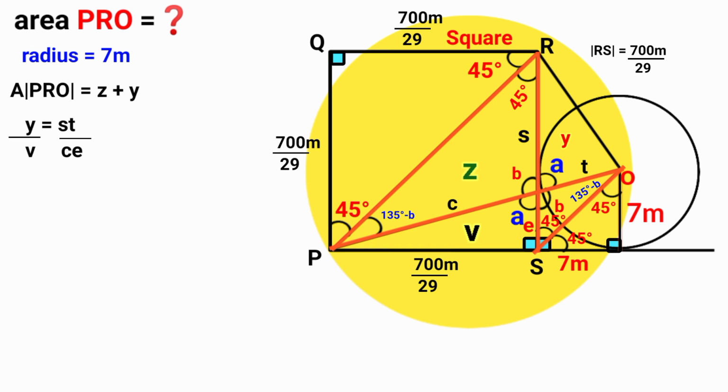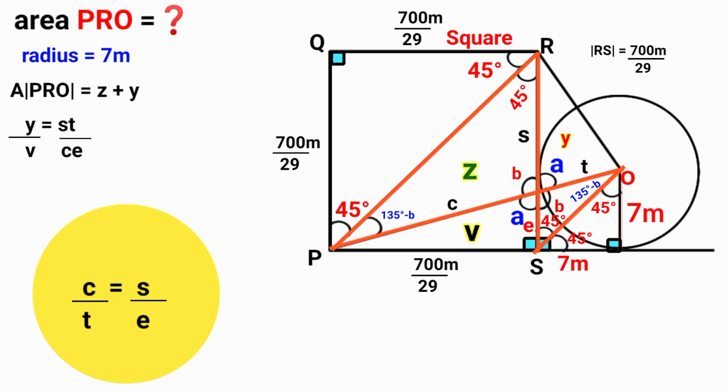So taking the ratio of their sides, this side facing angle 45 degrees divided by this side also facing angle 45 degrees will be equal to this side facing angle 135 degrees minus B divided by the length of this side, which is also facing angle 135 degrees minus B. So C over T equals S over E.